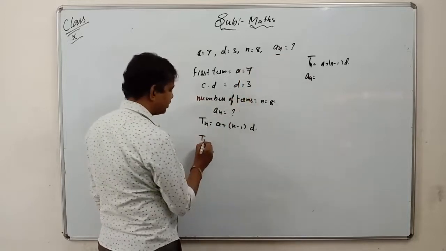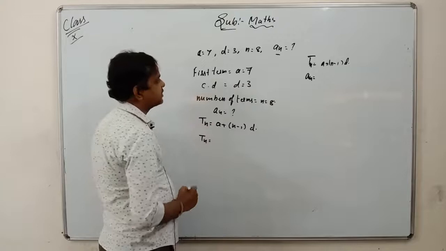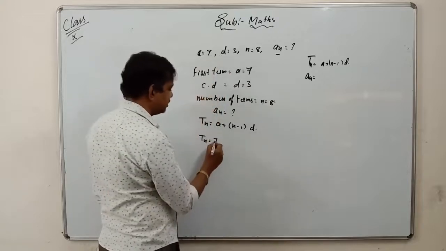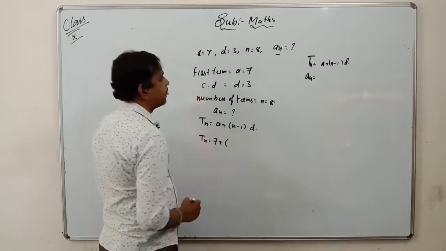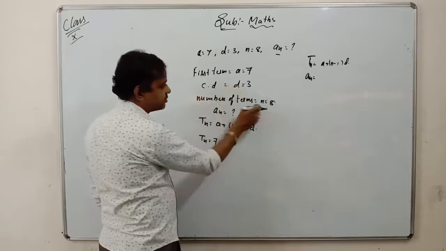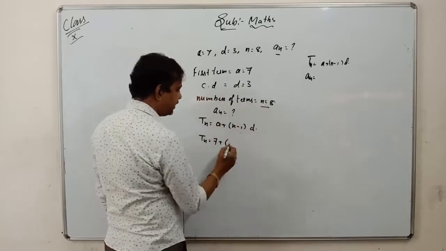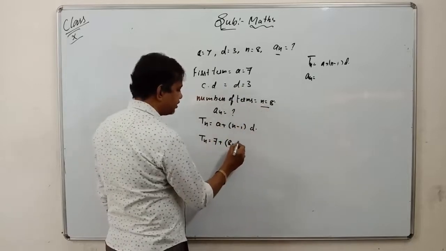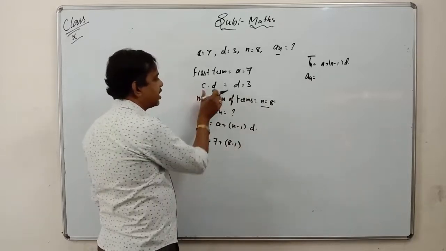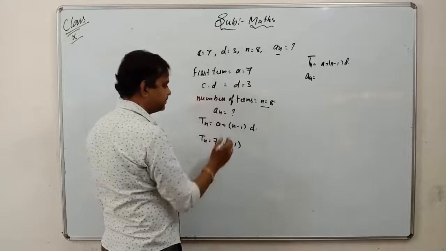So Tn equals, what is the first term? First term is given, A equals 7. 7 plus, N equals what? He has given the number of terms N equals 8, minus 1, and he has given common difference equals 3.